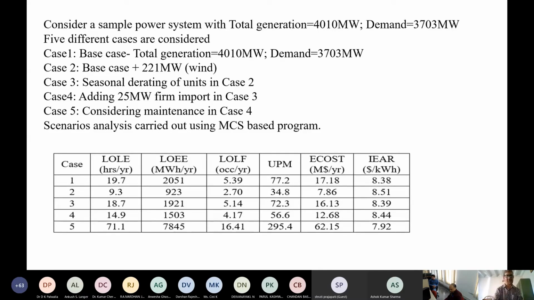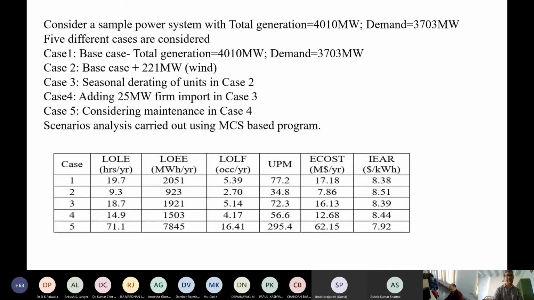That's derating. And you have to consider maintenance also, because every unit has to undergo periodic repair and maintenance. So a certain time slot has to be allocated to carry out those maintenance activities.